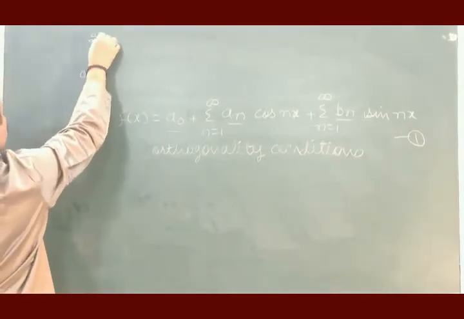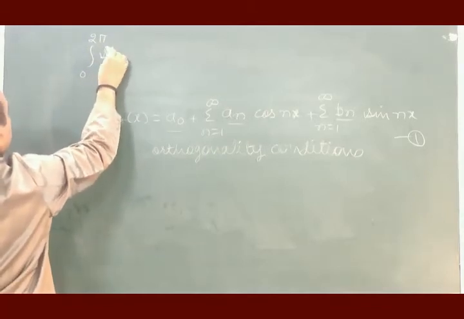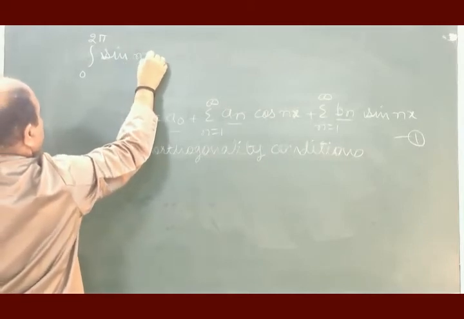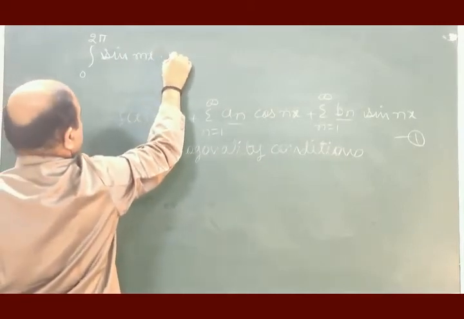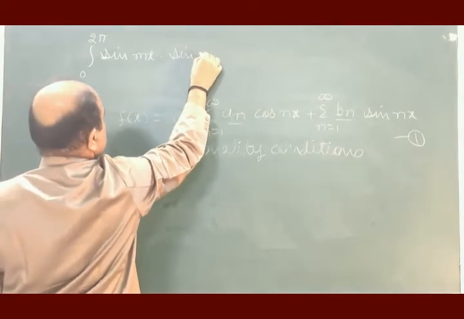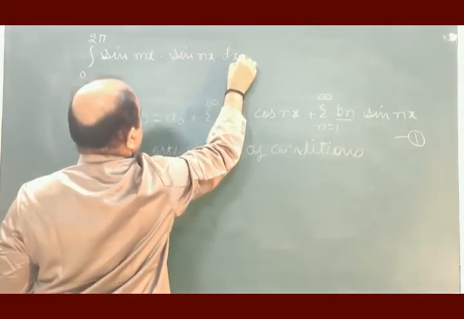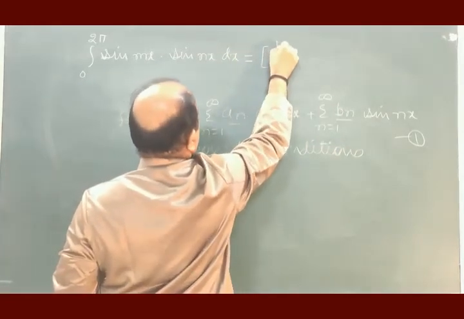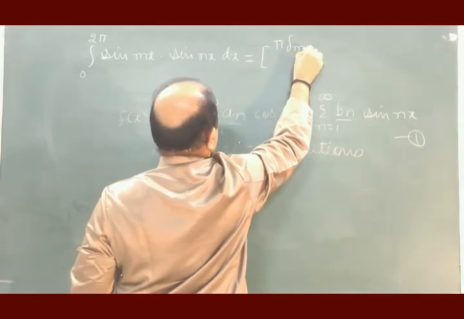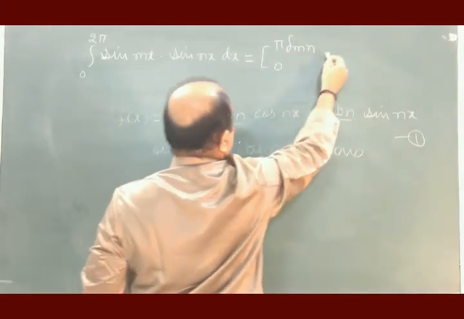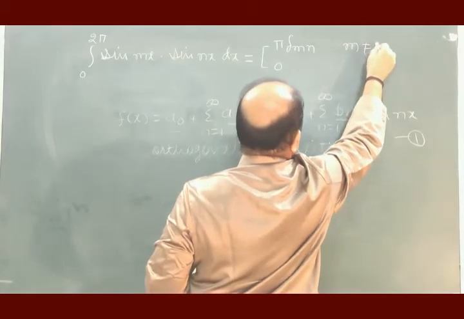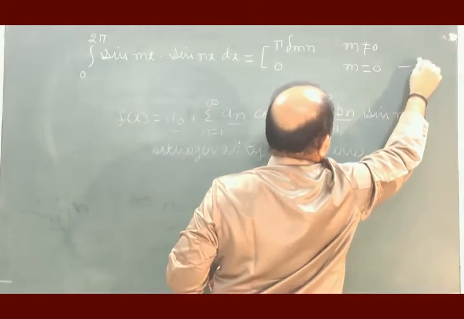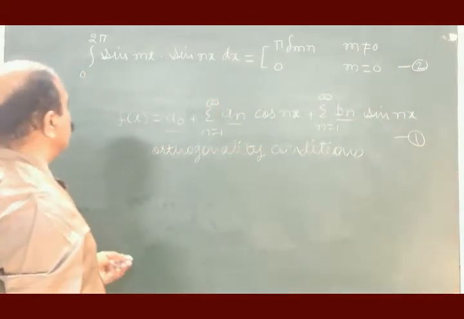Integration over 0 to 2 pi of sin mx into sin nx dx is equal to pi delta mn when m is not equal to 0, and 0 when m is equal to 0, equation number 2.